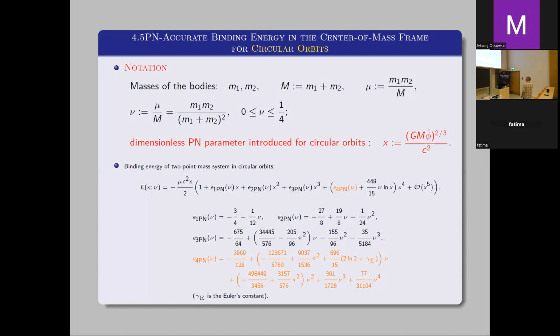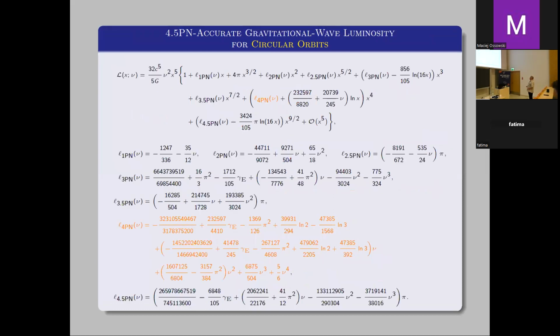This is the Newtonian part, which is factored out, and then you have the fractional correction to this Newtonian energy. And we see that these corrections form a polynomial in x or logarithm of x, and all the coefficients of this polynomial depend only on nu. Very nice and simple formula. You have some transcendental numbers like Euler's constant, pi, and so on.